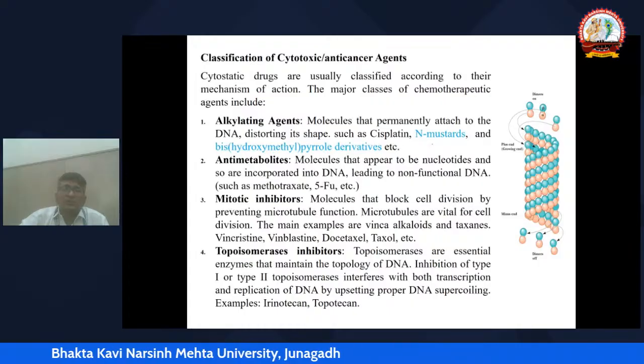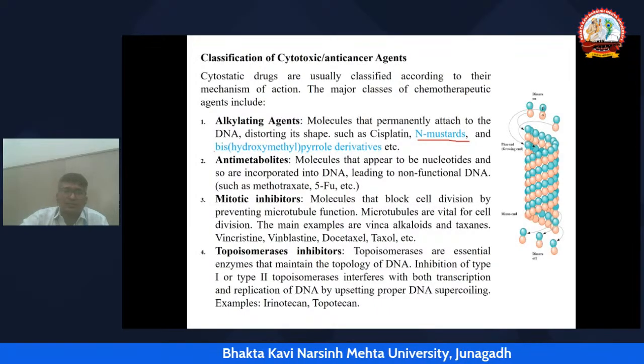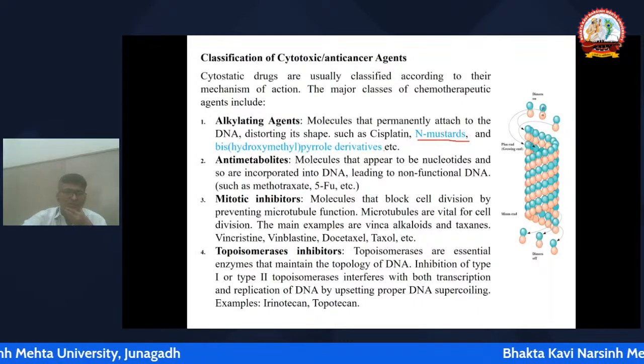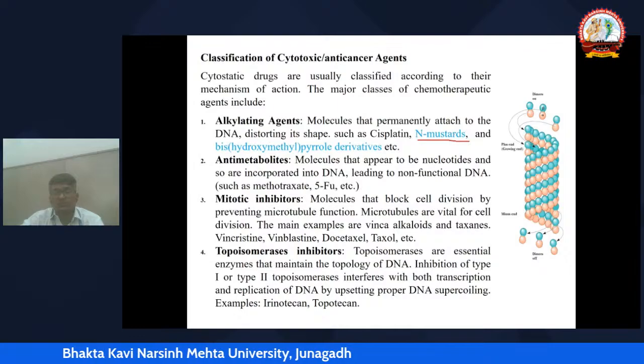So here we are going to see mainly alkylating agent modification. First we are going to see the N-mustard, and then the bis-hydroxymethyl pyrrole derivative modification through isosters. So our first example is a modification on the nitrogen mustard molecules.